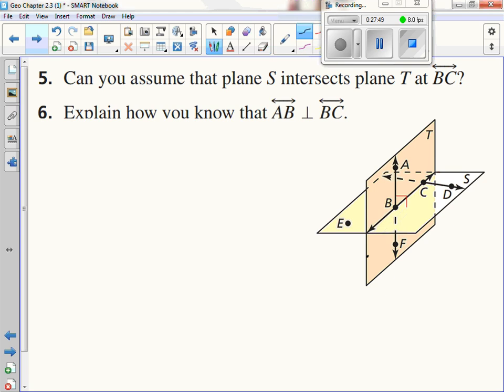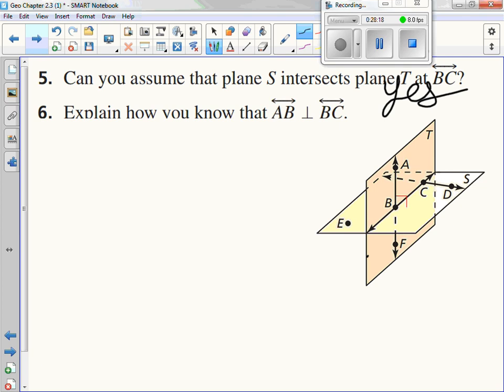It contains 2 points, B and C. That line where those two planes intersect is line BC, and that is exactly where they cross. If it had talked about AB, then it wouldn't, because that's not where the two planes intersect.